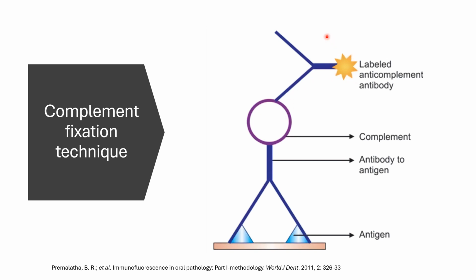The technique is more sensitive than routine immunofluorescence due to the amplification achieved through binding of more than one molecule of complement to each immunoglobulin and the subsequent visualization of the multiple molecules of complement.